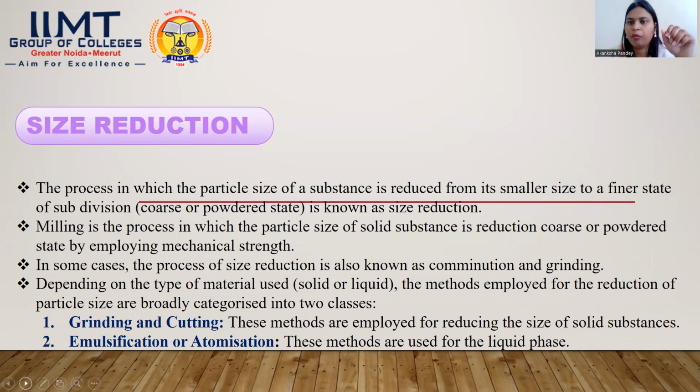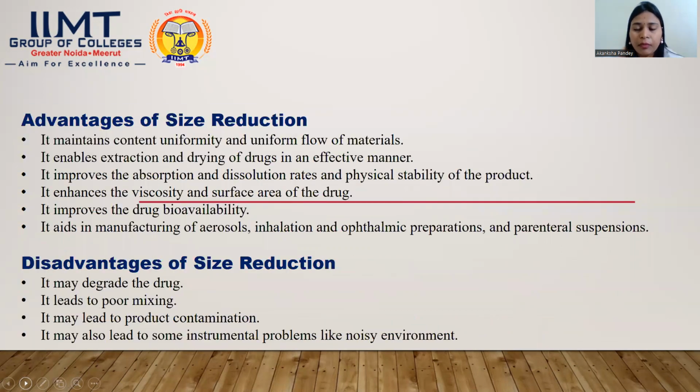In grinding, the vessel has a shaft and blade in it, and it cuts that compound at high rotation. Okay. For the liquid, the process is called emulsification and atomization.